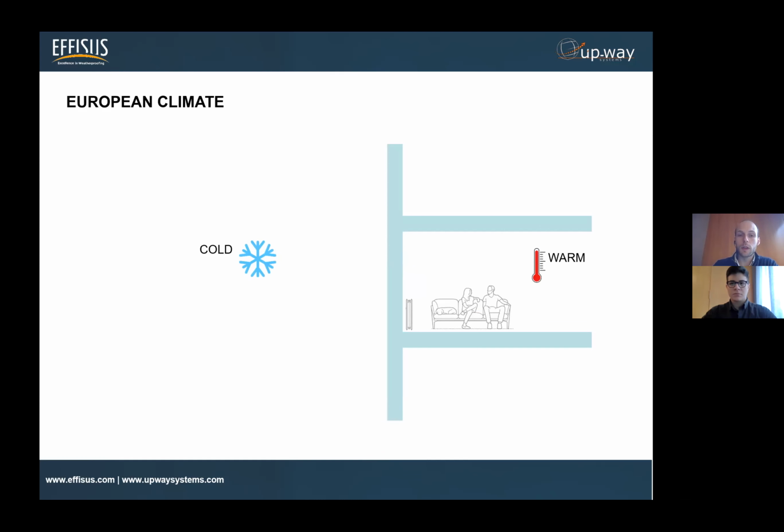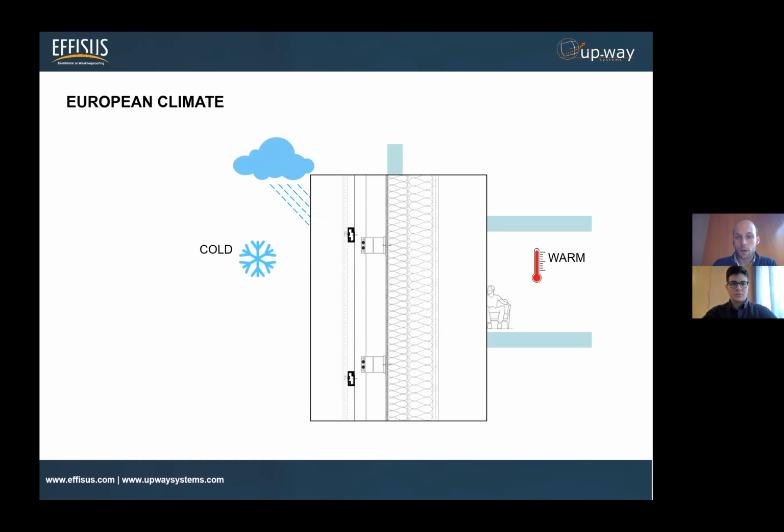As you know, the usual is to have cold on the outside and warm on the inside. Then we have rain on a large part of the year, actually. So if we look just inside a Rainscreen cladding scheme, we should be able to see there is a cladding, of course, the finishing of the facade of the building.